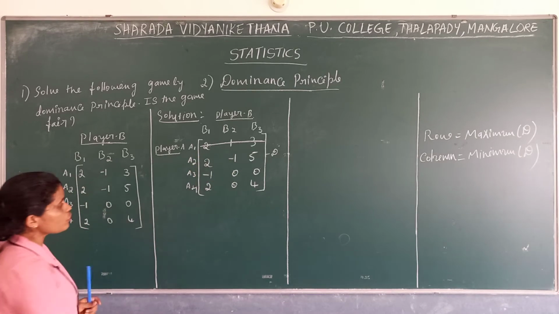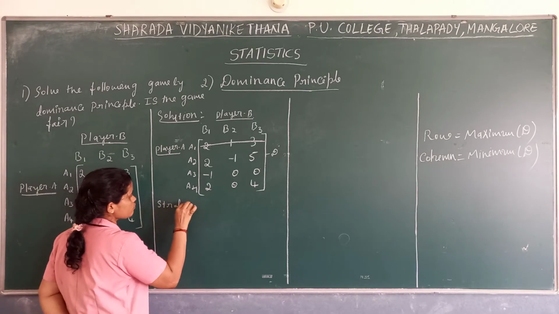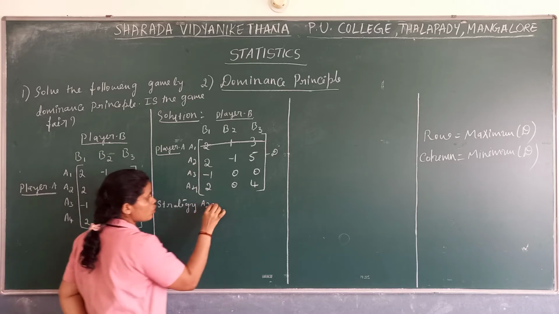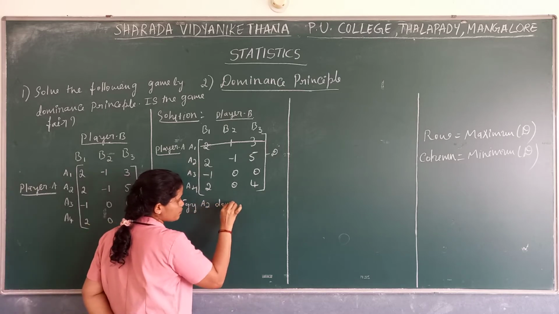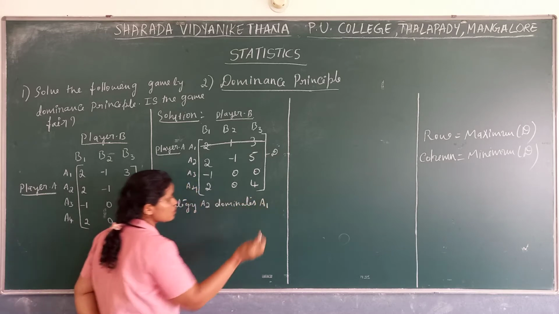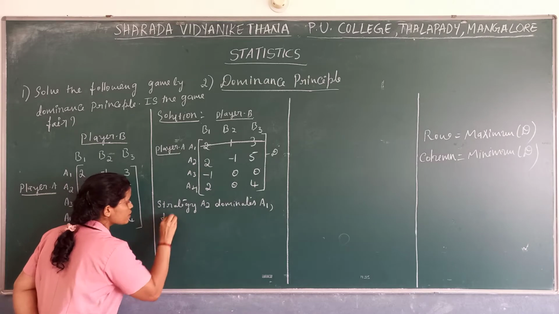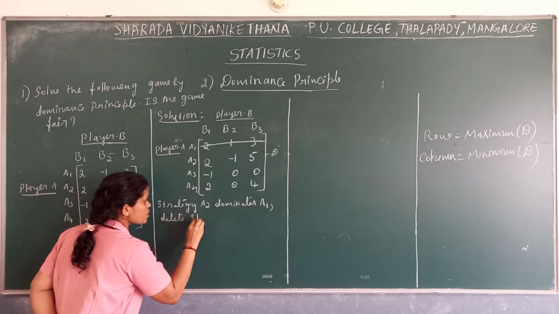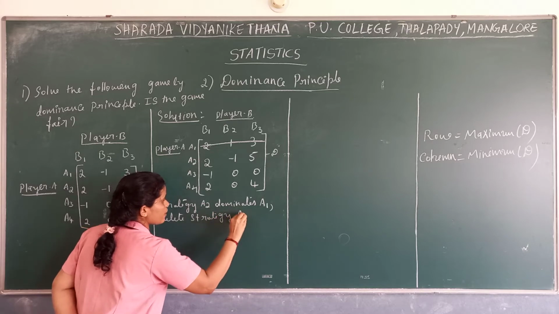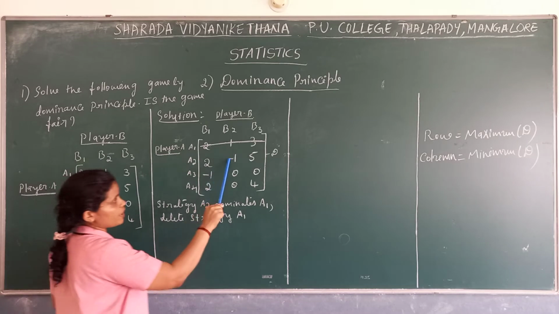Now we have to write the strategy: A2 dominates A1. So delete strategy A1. Now what is remaining?